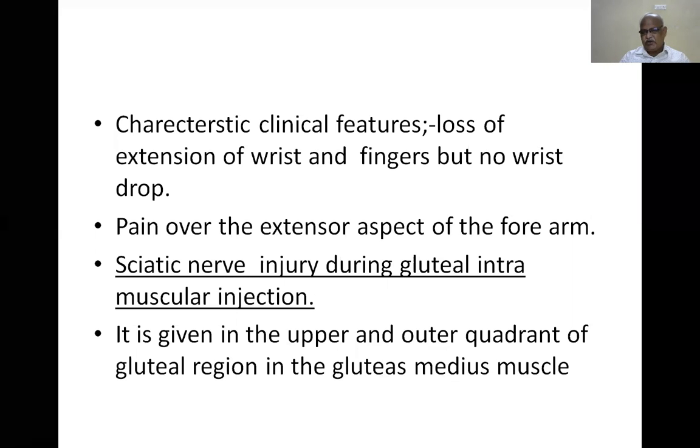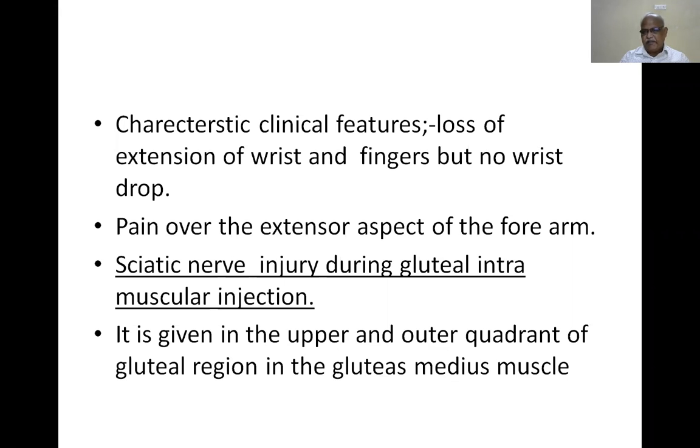You can divide the gluteal region into four quadrants by making or imagining a plus mark. You will give the injection in the center of the upper outer quadrant, going to a certain depth, between 3 to 5 millimeters.